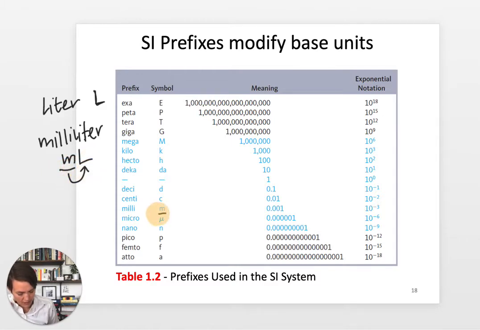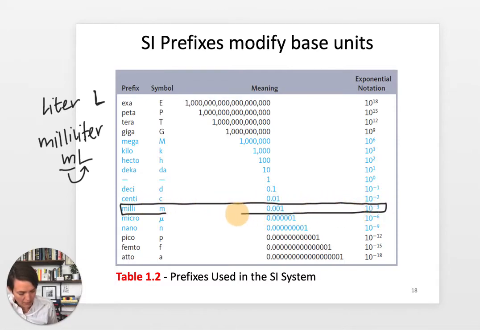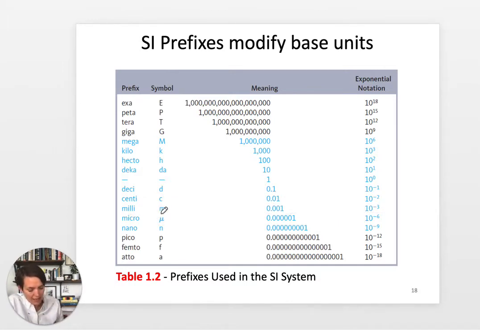We can find that here, milli. We see that it's representing a small value, and we have this power of 10 over here, which is our exponential notation that relates to the base unit.